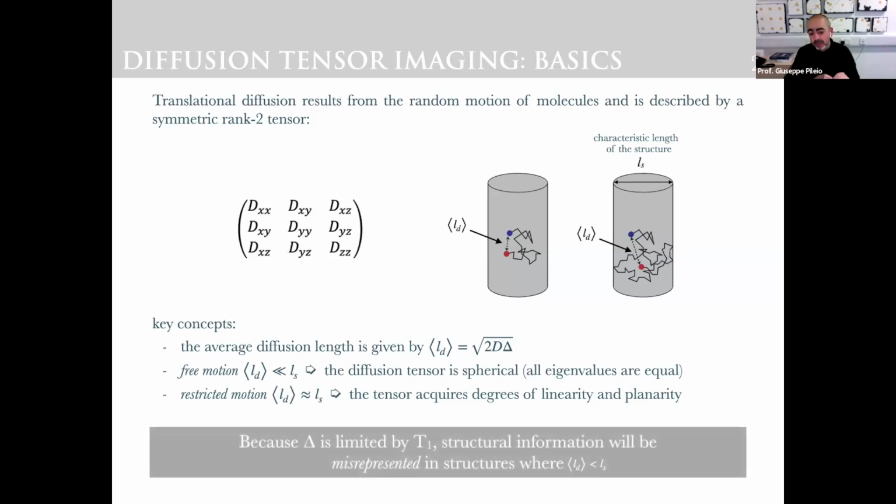Now, because delta is limited by T1 in conventional NMR diffusion studies, the structural information may be misrepresented in structures where the diffusion length is much smaller than the structure. So essentially, you may think the molecule is in a spherical environment, but it actually is not. You just didn't give the molecule enough time to explore the geometry of the structure, right?